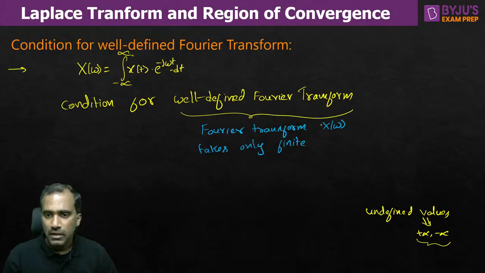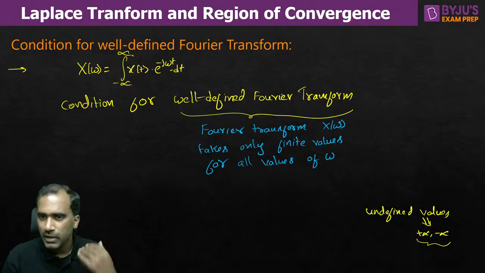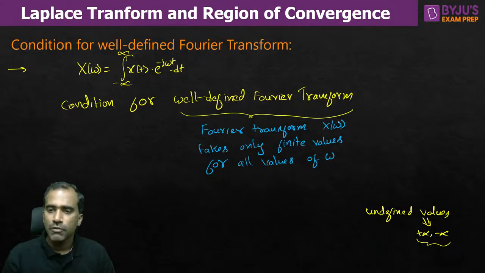The Fourier transform x of omega takes only finite values for all values of omega. At different values of omega, x of omega takes different amplitudes. So x of omega equal to 1, x of omega equal to 2, x of omega equal to 10, x of omega equal to 20, x of omega equal to minus 100. For all values of omega, x of omega should be finite only. If that happens, then we say that x of omega is a well-defined Fourier transform.